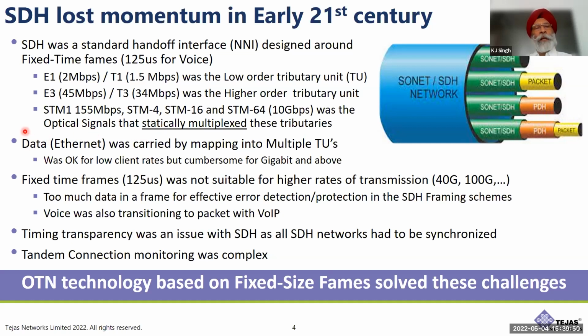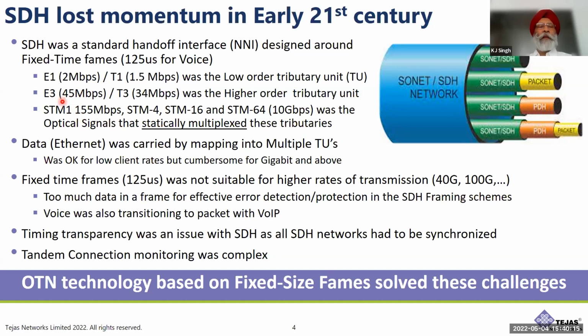Now, what happened towards the latter part of the previous century is that data became the important currency. Even voice was transitioning to voice over IP. And the technique people used was to carry data by mapping it into multiple TUs. And this was okay when you had to offer, let's say, a 100 megabit service.